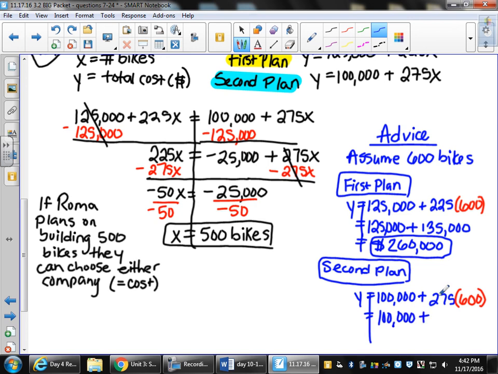That is 100,000 plus 165,000. So what we're doing right now is purely an exercise with the calculator, plugging in 600 and seeing what we get. So that is 265,000. So building 600 bikes, which plan is better? The first plan will cost them $5,000 less.